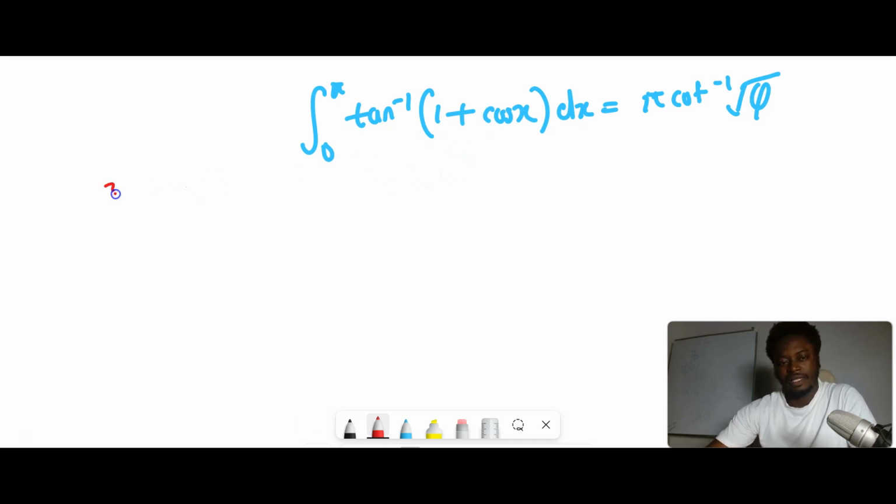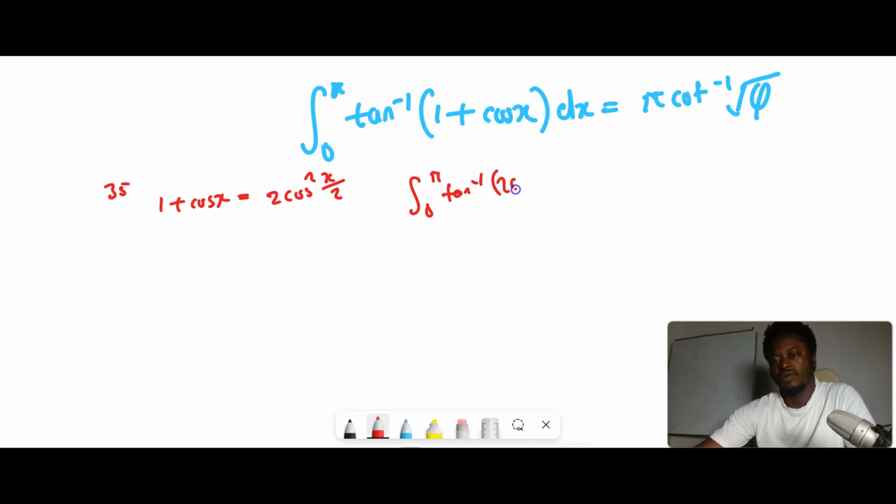It was a very long 35-minute video where we used the fact that 1 plus cosine of x is 2 times cosine squared of x over 2, and for that reason this integral became the integral from 0 to pi of tan inverse of 2 cosine squared of x over 2 dx.